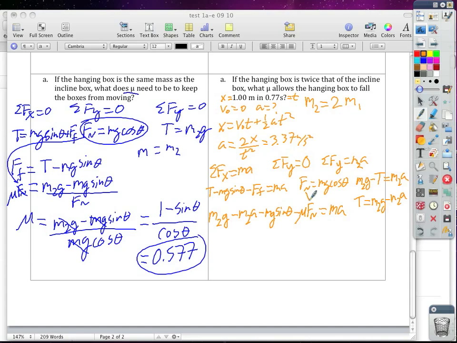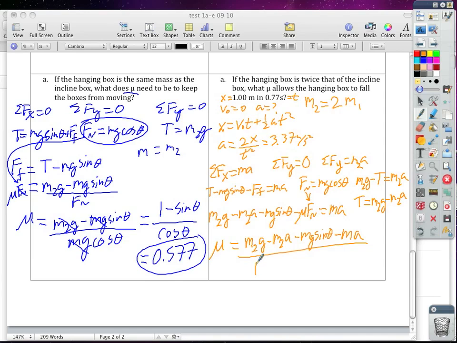And then you can see now I'm going to sub this in here. And I'm going to do a bunch of algebra all at once. Wave my magic wand and get mu is equal to M2G minus M2A minus MG sine theta minus MA all over Fn.